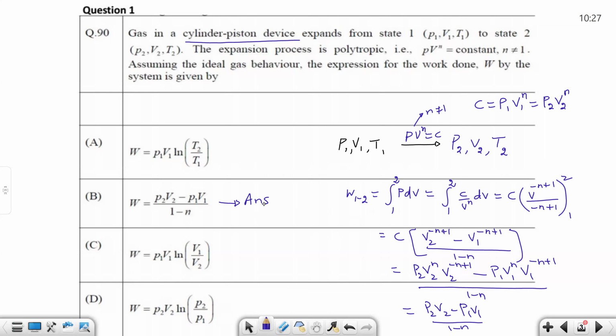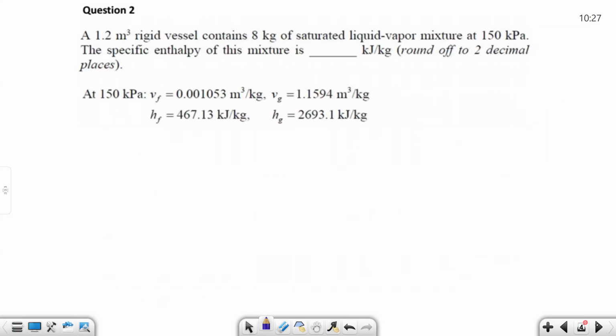Okay, so now we move to question number 2. A 1.2 meter cube rigid vessel contains 8 kg of saturated liquid vapor mixture at a pressure of 150 kPa. The mass is mass of liquid plus mass of gas, which is 8 kg.